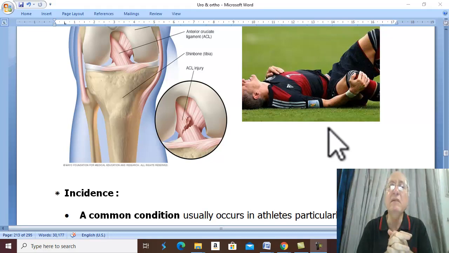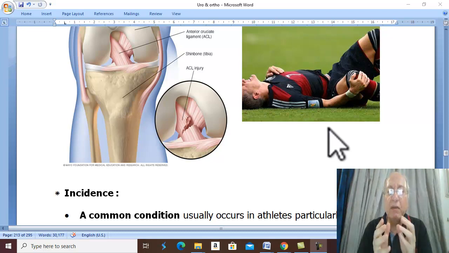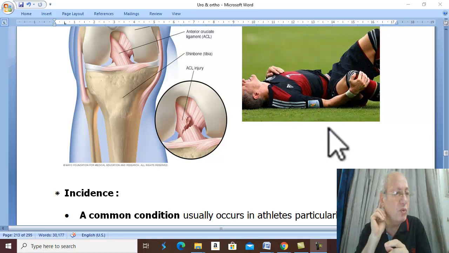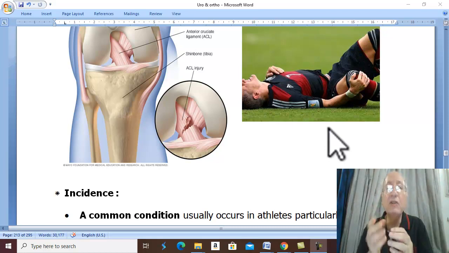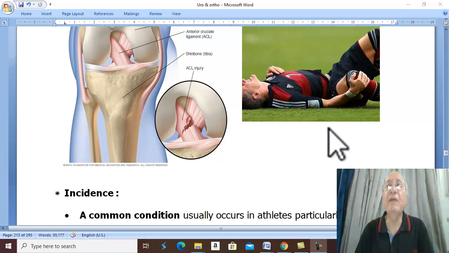Ask the patient what you feel or what you hear during the pain. The patient will tell you that he hears a popping sound. Boom!